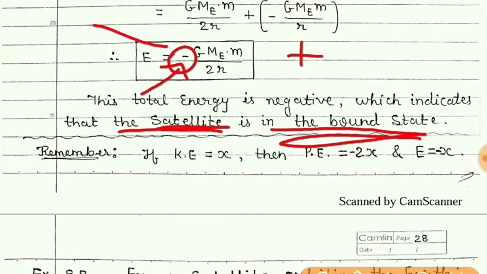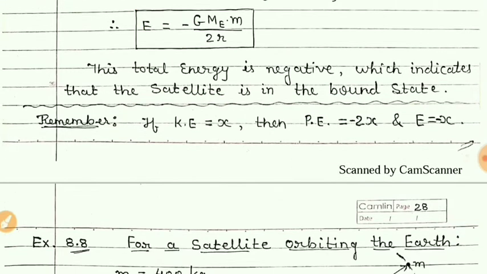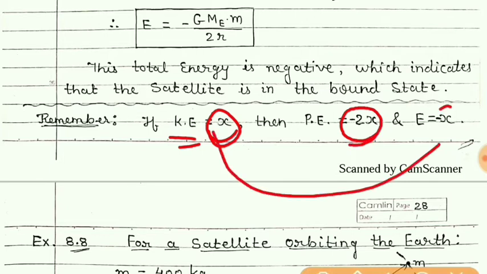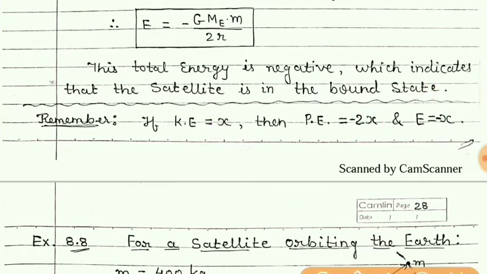But here the negative sign indicates that the satellite is still bound to the earth. Now this is the shortcut to remember. As I said, if kinetic energy is x, then potential energy is 2 times x but negative, and total energy will be the same as kinetic energy but negative. So this is a short form to remember this.